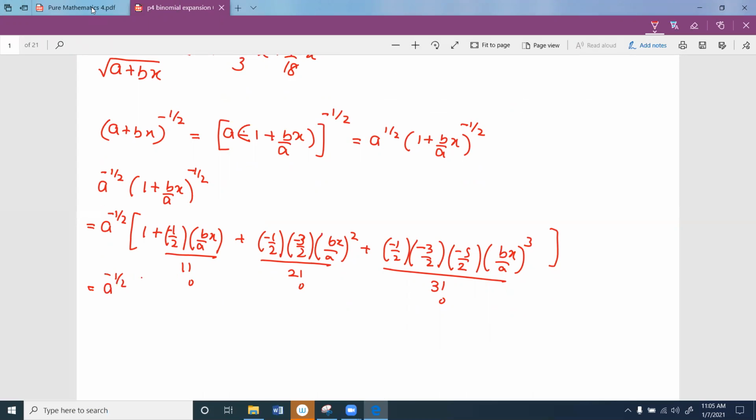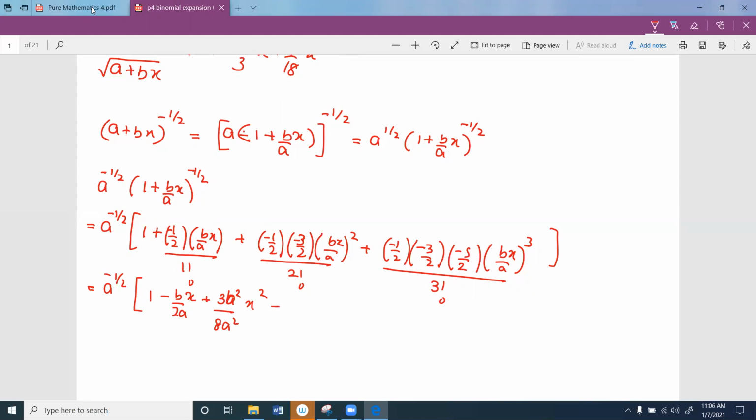Minus half, so this turns out to be 1 minus b over 2a x. And if you simplify this, minus 1 into minus 2 is plus 2, plus 3 over 4. It turns out to be plus 3b squared over 3 into 2 into 2, 4 into 2 is 8a squared x squared.